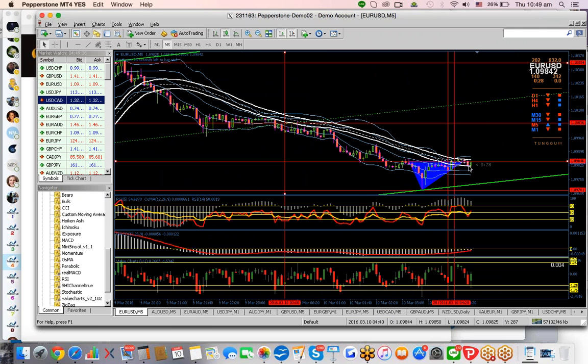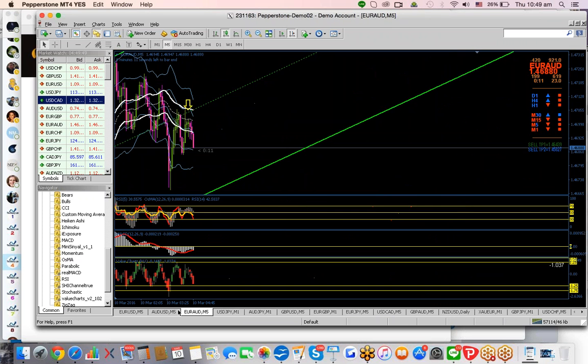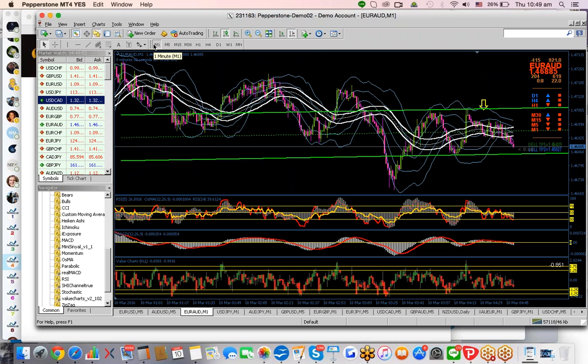Oh yeah, this one, like I said, right about now we have opportunity, but it failed to close below. It closed back above and inside the Euro USD. That's a bummer. Euro Aussie though, we do have an opportunity.